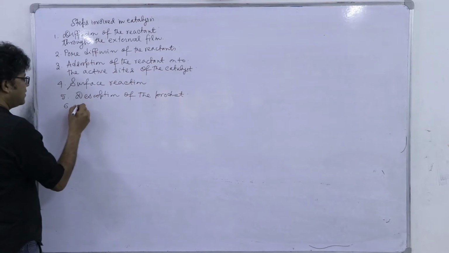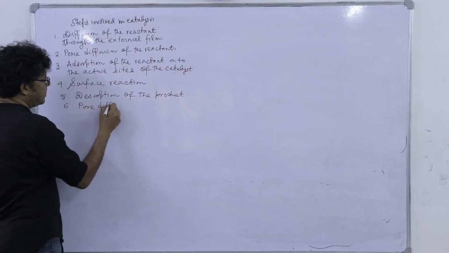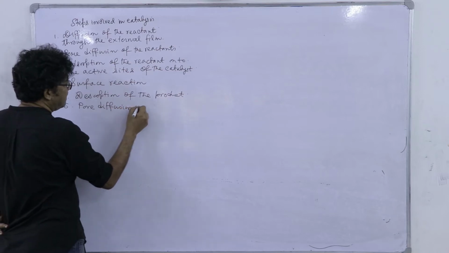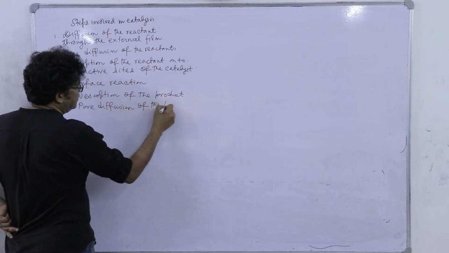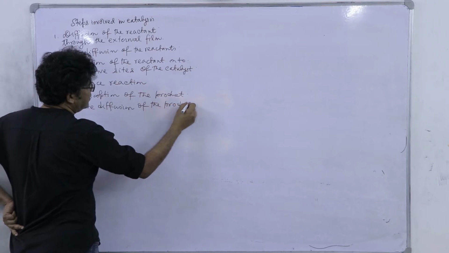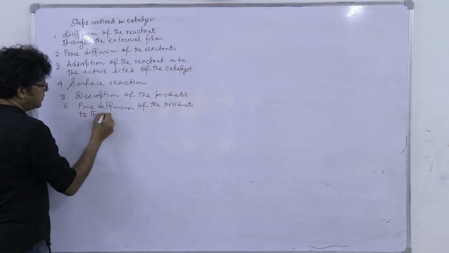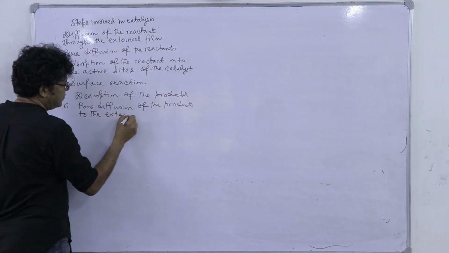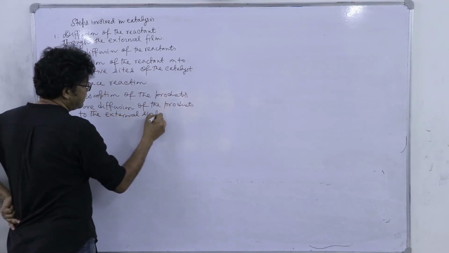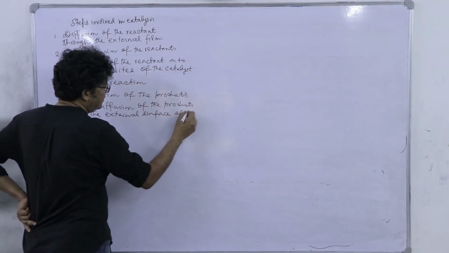Six, pore diffusion of the product to the external surface of the catalyst.